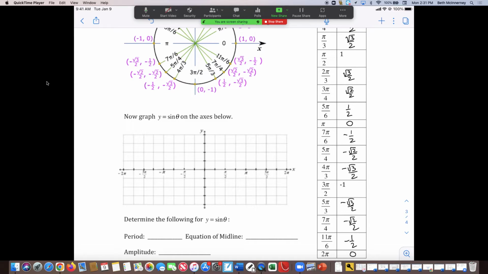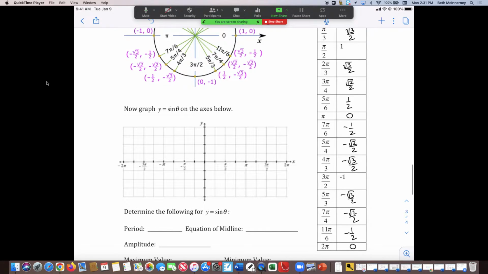The good news is we don't have to plot every single one of these points. What we're going to do is plot the 5 main points. So the 5 main points are 0, pi over 2, pi, 3 pi over 2, 2 pi.